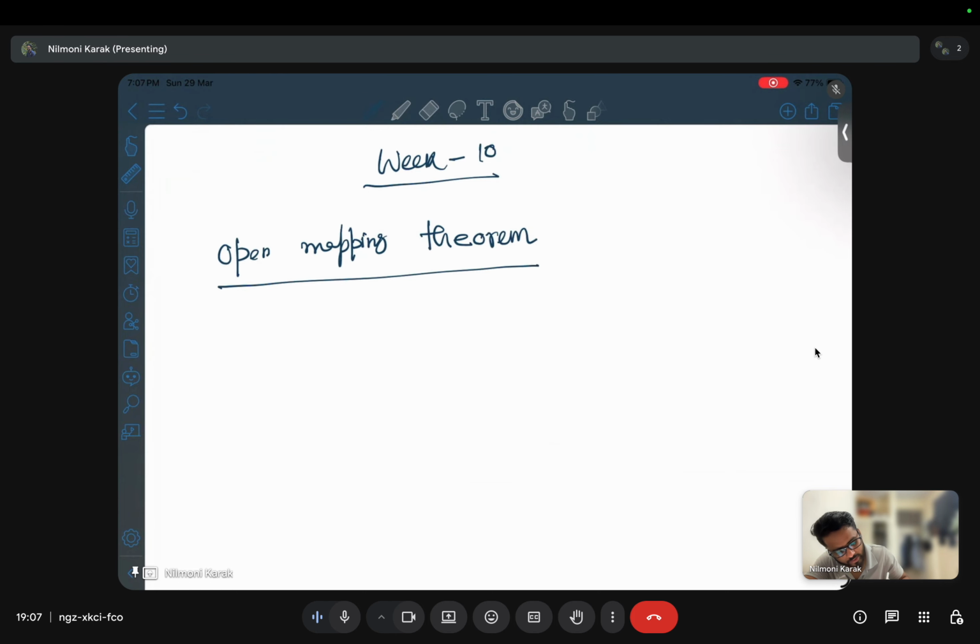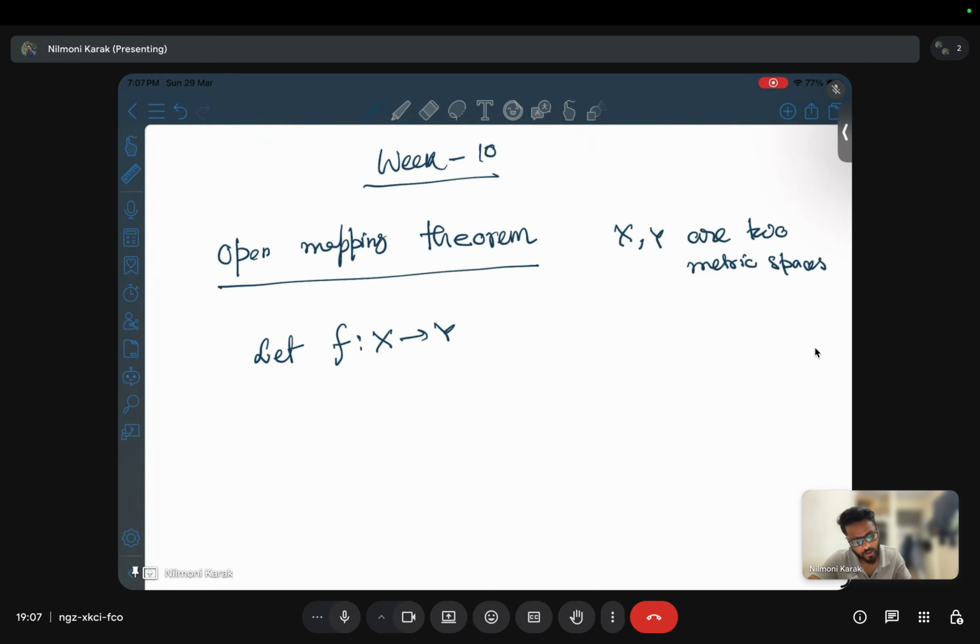So first, in general, consider let f: X to Y, where X and Y are two metric spaces, and f is a map.